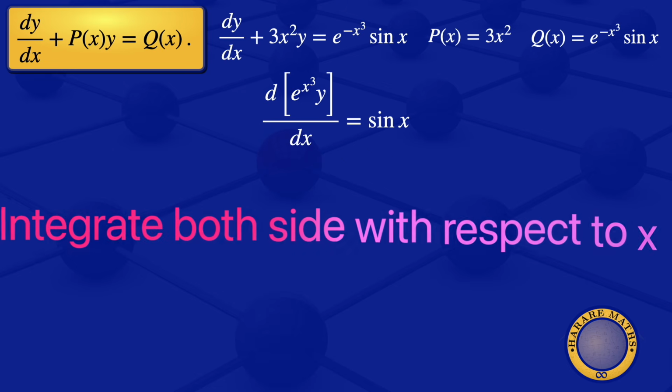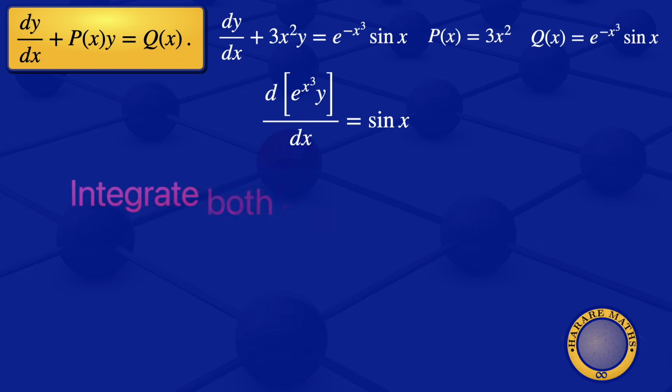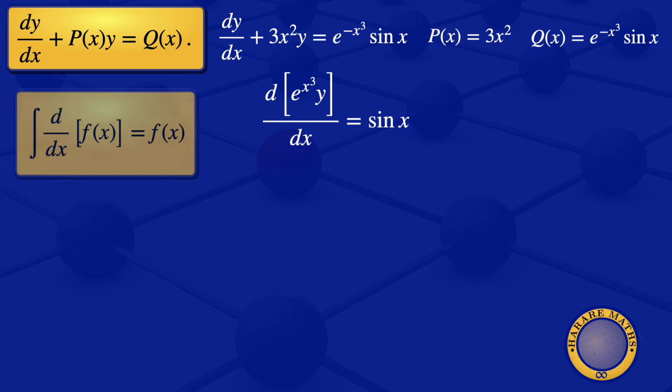We now go on and integrate both sides with respect to x. But when we are looking at the left-hand side, we are having a derivative of a function. When we integrate the derivative of a function f of x, the result that we get is f of x. So in this case, we are differentiating this part, then go on and integrate it, so that when we integrate, we just remain with e to the power of x cubed multiplied by y.